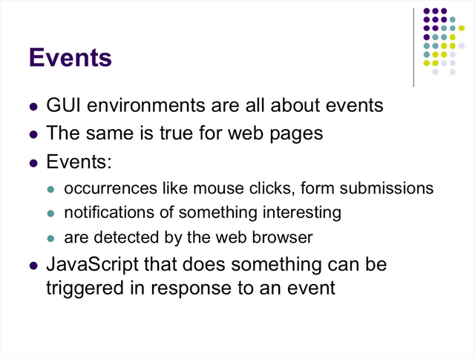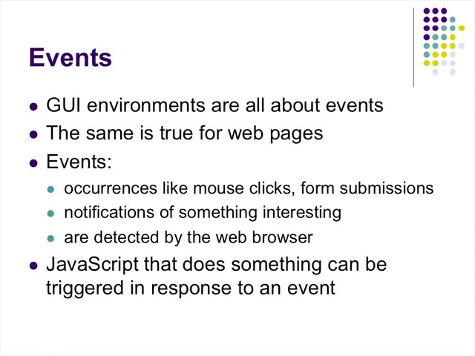Whenever you're looking at a web page, in actual fact, behind the scenes, you're always prompting events. And events are things, as I say, like mouse clicks or form submissions or notifications of something happening. And JavaScript, we can program so that it does something in response to an event being fired.